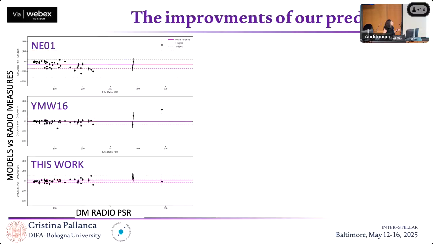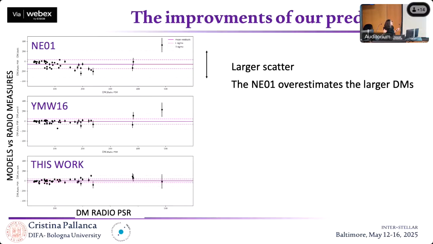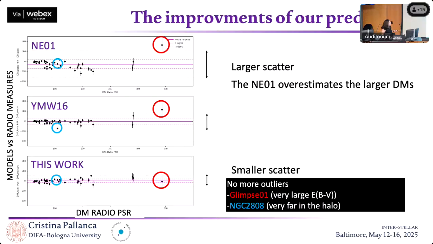To check the advantages of our prediction with respect to the previous models, we performed the same kind of comparison. In particular, here I'm reporting the residuals of our prediction with respect to the radio measures. Before, we started with a large scatter, and now the scatter has decreased. Of course, it's around zero because it's a sort of self-calibrated model. But the most important thing, in my opinion, is the fact that the scatter decreased. I also want to point out that this cluster, Glimpse C01, a system with a very large extinction even if it's not so far, is now well reproduced.